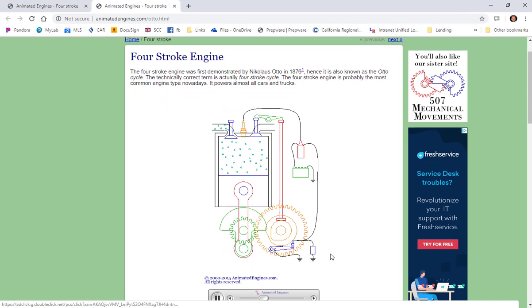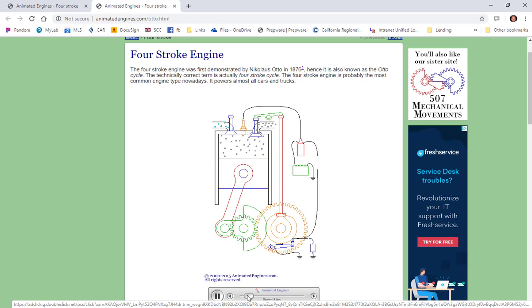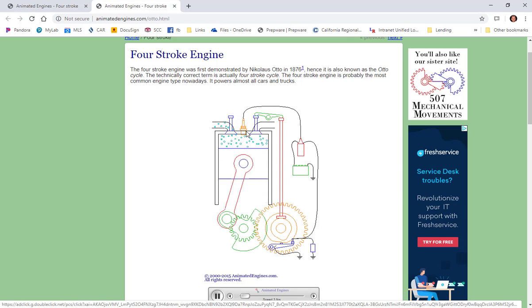All right, so this is just a 4-stroke engine. We'll slow it down. Right here I've got the intake valve, my spark plug, my exhaust valve, and this is the camshaft here. This is the crankshaft. So crank is coming up, power stroke, points opening up, exhaust, intake, compression, power, exhaust. So this crankshaft is going to go around twice to make that happen.